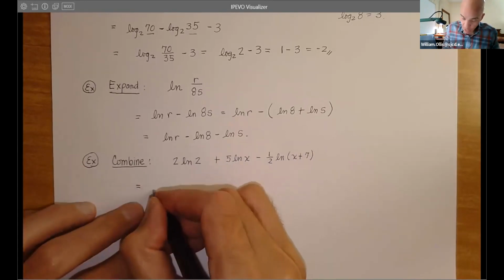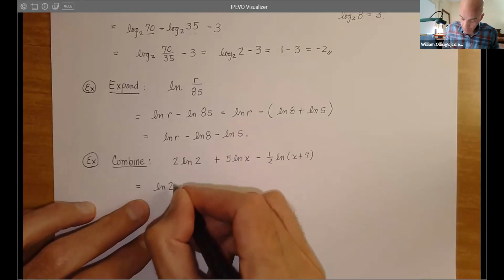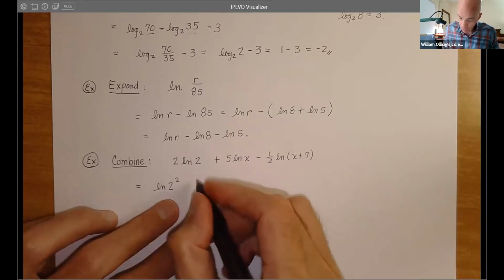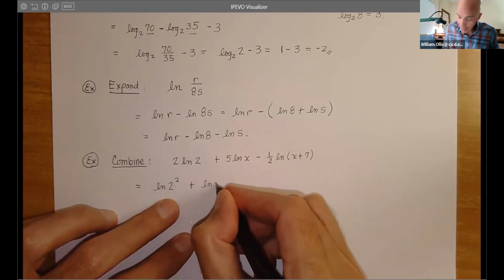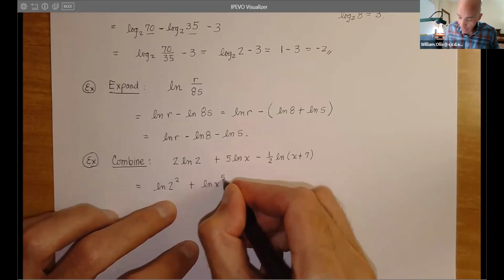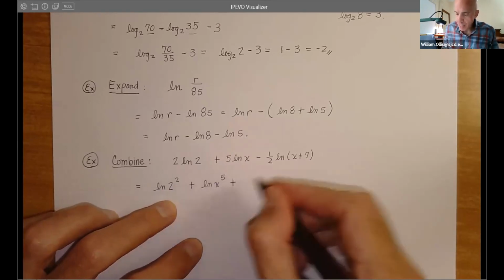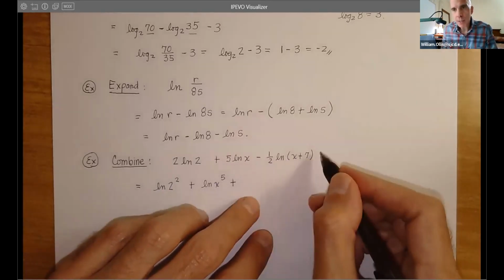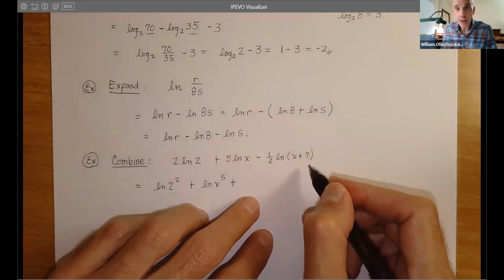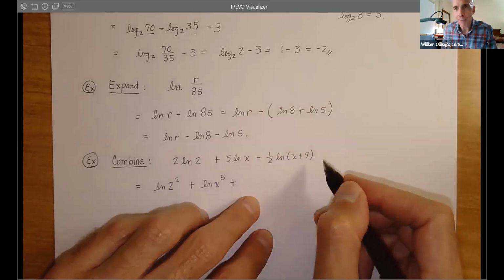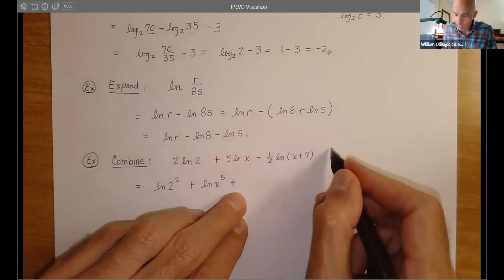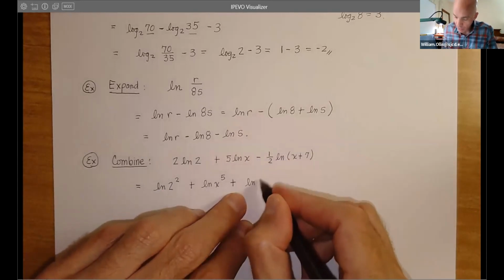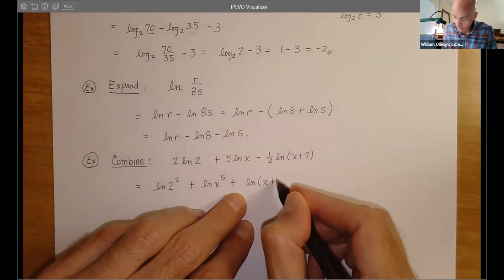So this will be the natural log of 2 to the 2nd power plus the natural log of x to the 5th power. Now, of course, students will say, well, do I use the 1/2 or the negative 1/2? Will it matter? And of course it won't matter. But we'll just go ahead and do the plus and just take the negative 1/2 up to the power, just to get some practice with this.